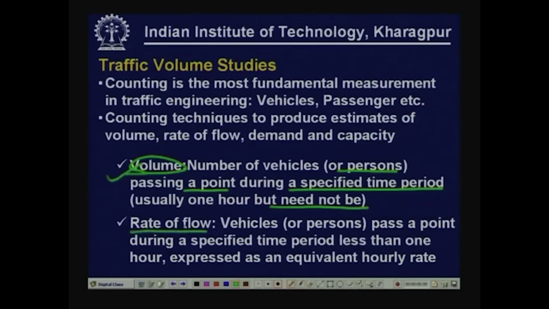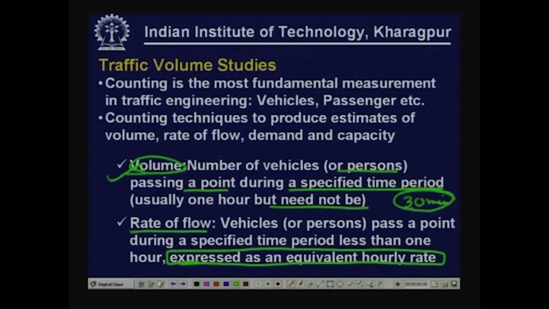Rate of flow. Rate of flow is vehicles or persons passing a point during a specified time period less than 1 hour, expressed as an equivalent hourly rate. That is the difference. Here, maybe if I carry out a study for 30-minute duration, I may say what is the volume in 30 minutes, I can express it.